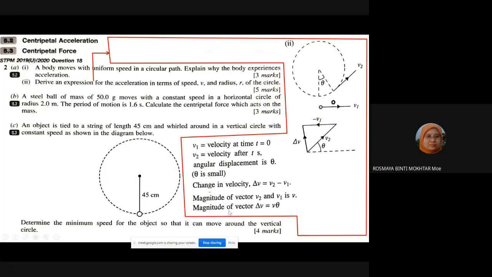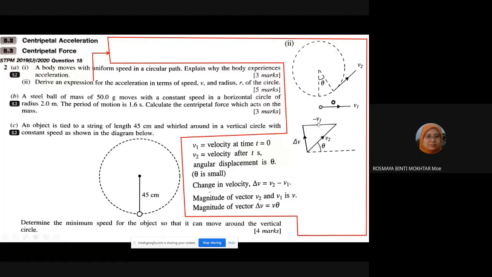Then the magnitude of vector delta v, using the maths equation, remember s equals r theta, the length of an arc. So delta v here is actually an arc, but for a small distance we can treat it as a straight line, so it equals v theta. From s equals r theta, the r is actually the v for this diagram.